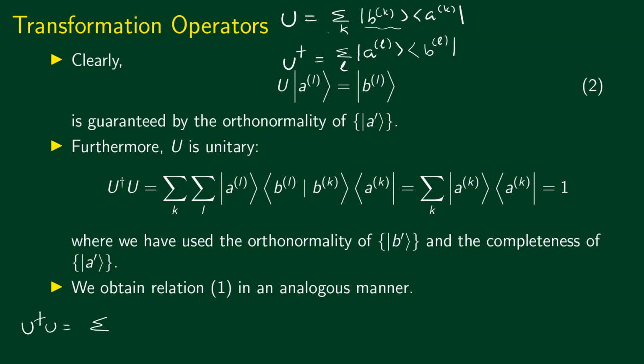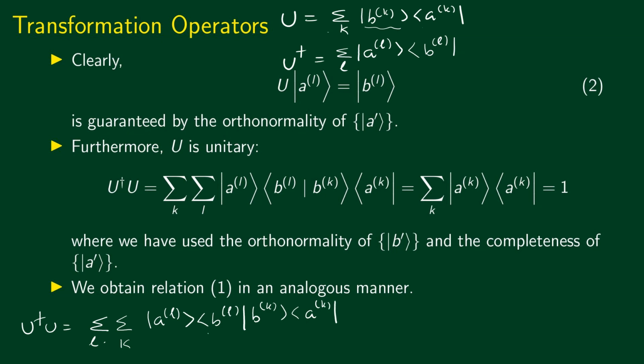I'll write the summations together: sum over l, sum over k. You write the U dagger terms first, ket Al bra Bl, and you combine it with U using the associative axiom. I can write this as ket Bk bra Ak.